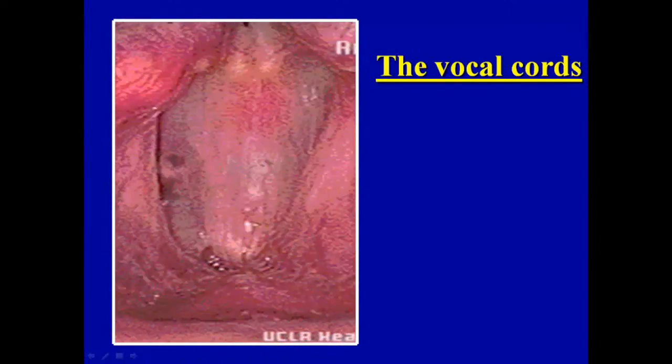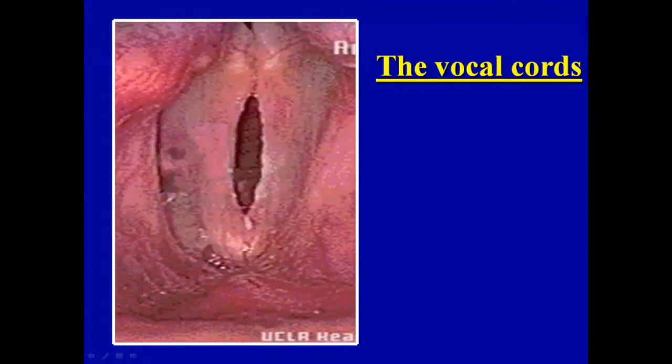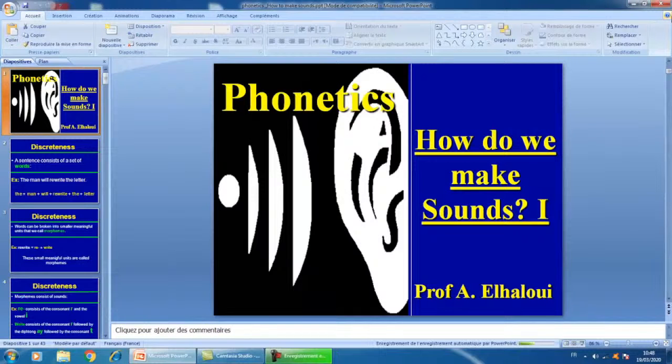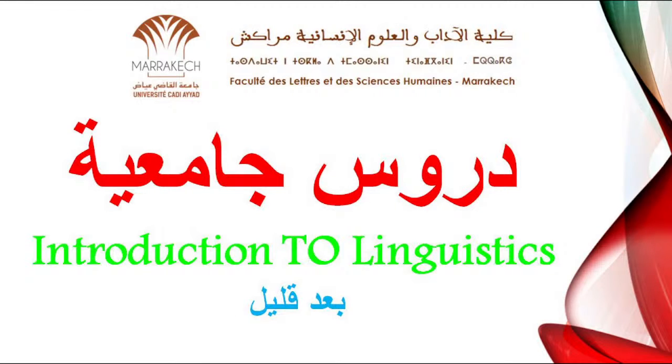So here we have got a case of our vocal cords vibrating here, okay? That's all as far as this first lecture is concerned. I would like to move on to the next lecture. I hope that you have tried to get the main points of it, and to remember what we talked about before.